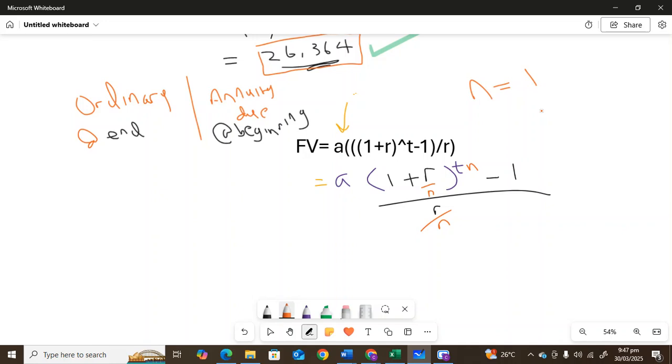If it's semi-annually, n is 2, meaning you get paid twice. If it's quarterly, n is 4, because in a year there are 4 quarters. If it's monthly, n is 12. If it's daily, n is 365, because there are 365 days in a year. Colleagues, just remember you're always referencing a year for the number of compoundings.